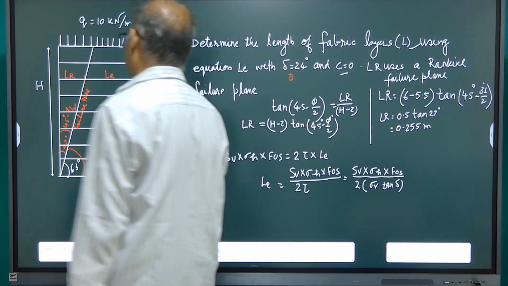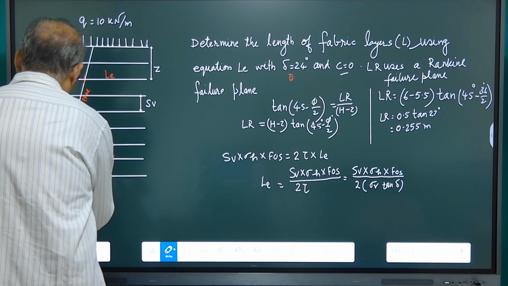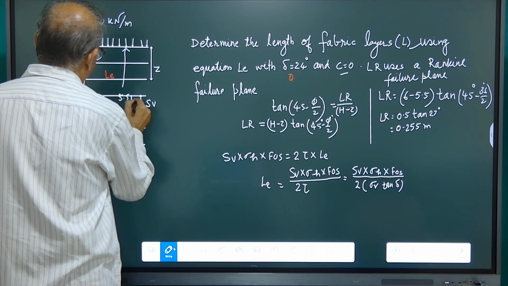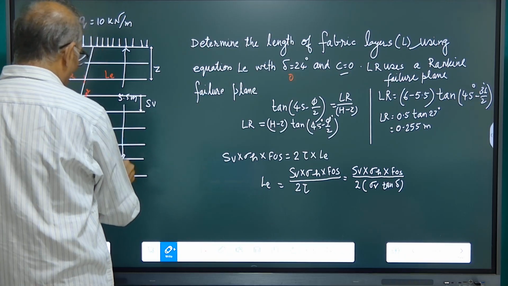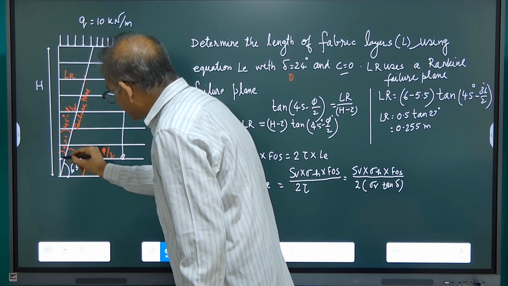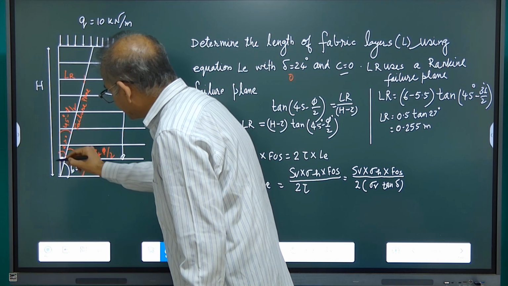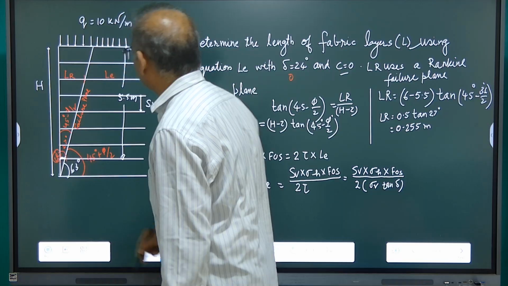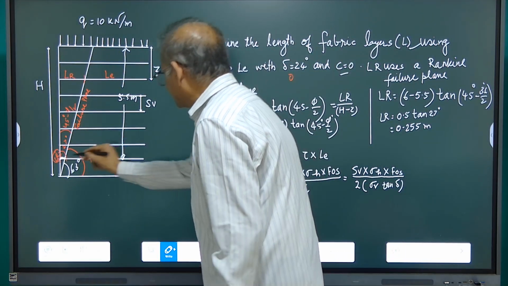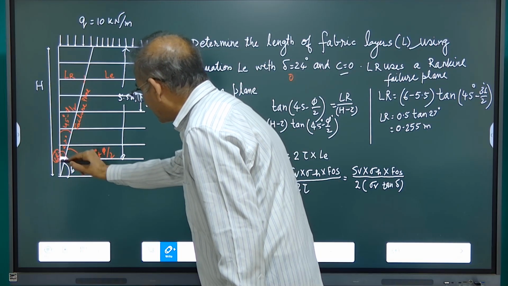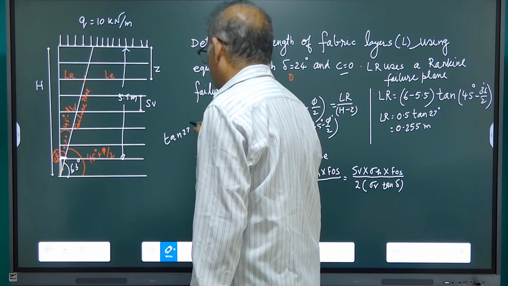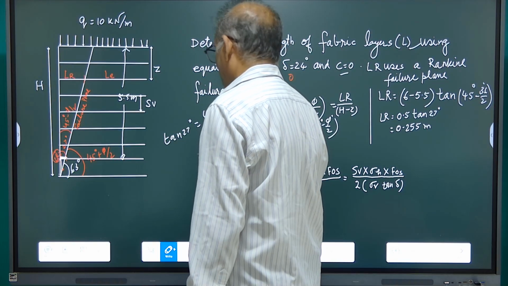So we can find out, if we consider this one, so it is at 5.5 meter below. So we can find out what should be the length in the active zone, that is LR. So LR is nothing but this, tan 27 degree is equal to LR over this length.